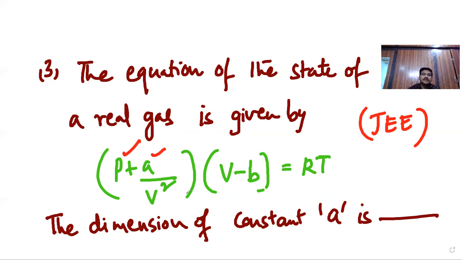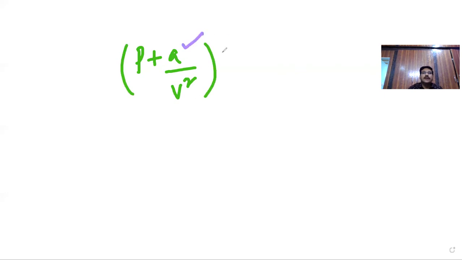That means all have the equality. Now, in this case, he is asking the dimension formula of the constant A. So I take up the first term, P, pressure, plus A by V square. I need the dimension formula of the constant A. Hence, I equate both the terms because both have the same dimensions. So P is equal to A by V square.